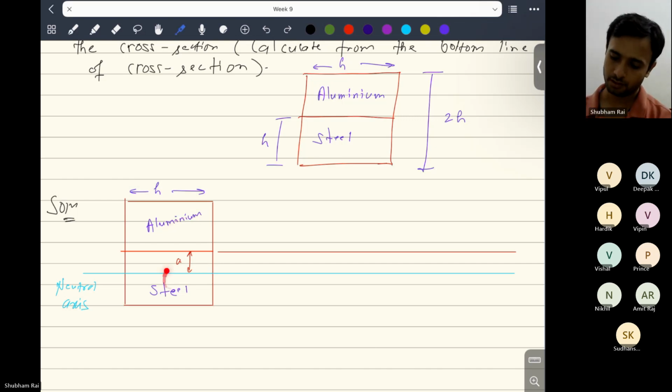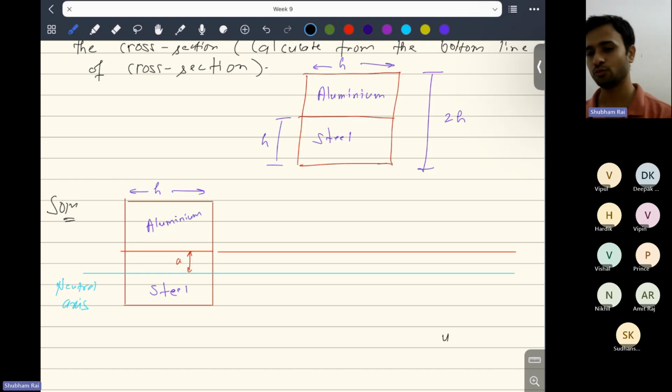So you can imagine a beam, and along the length of the beam, let's say the displacement is U. That U displacement is going to be continuous because this interface is perfectly bonded.